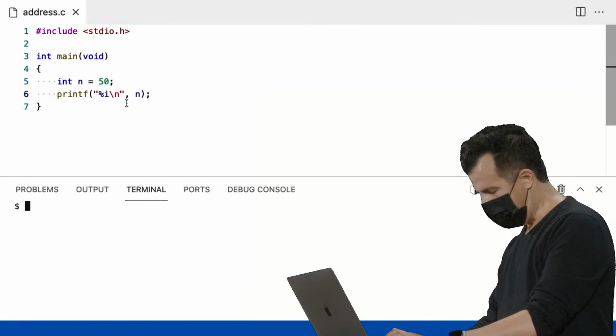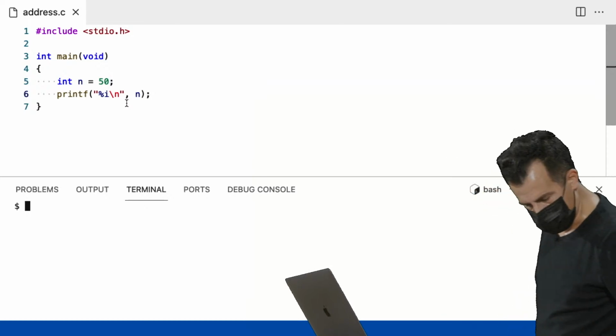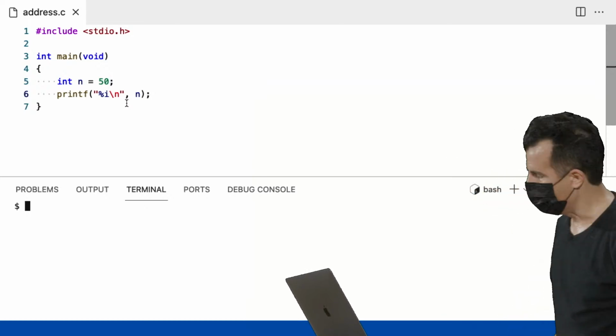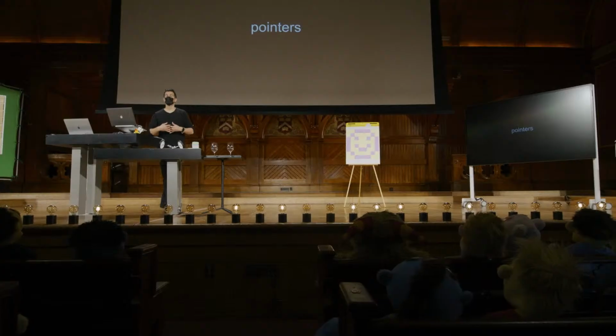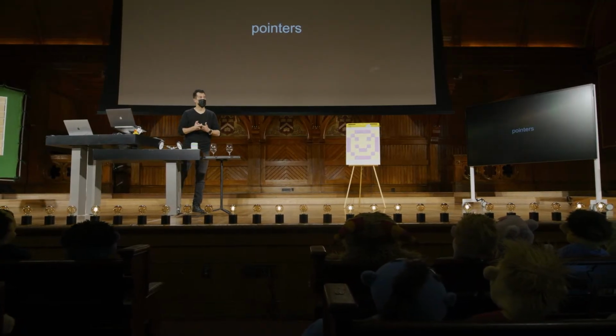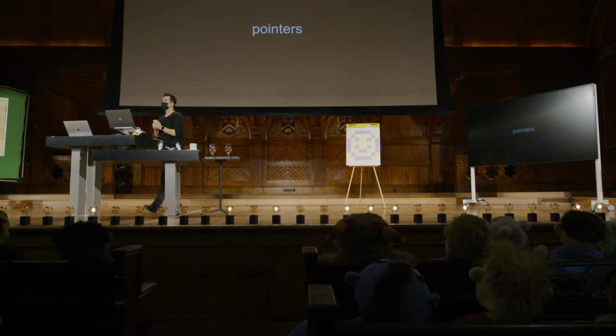Let me go ahead and introduce, for instance, another symbol here and another topic altogether, namely pointers. So a pointer is a variable that stores the address of some value, the location of some value, or more specifically, the specific byte in which that value is stored.